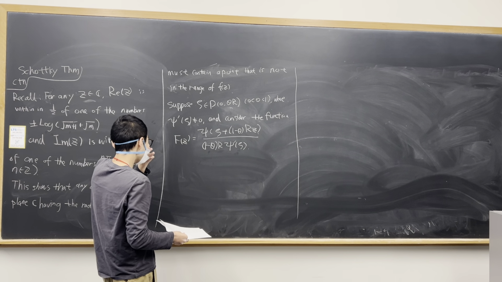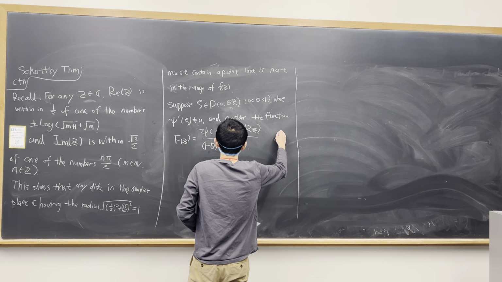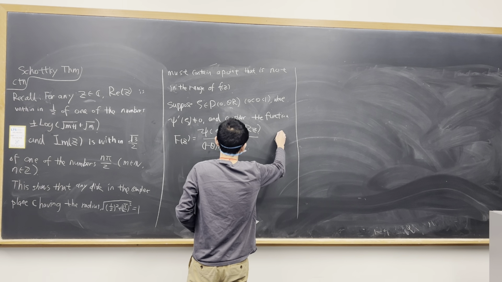So you can think of this theta as being defined over some ratio. So this is the big R, and then you have the zeta, and then this is like the theta R, right? And then this is like 1 minus theta times R, right?